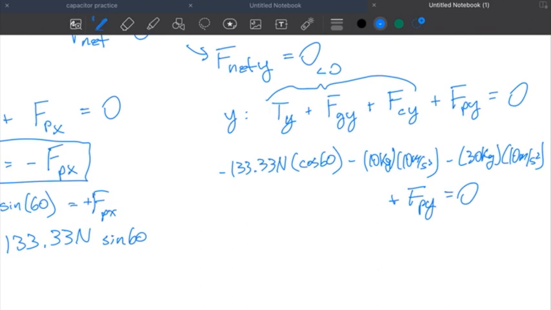So now all these three things are negative, so I can just move them over to the other side, and we'll get that FPY is just the sum of these other three things, which I'm not going to calculate right now.